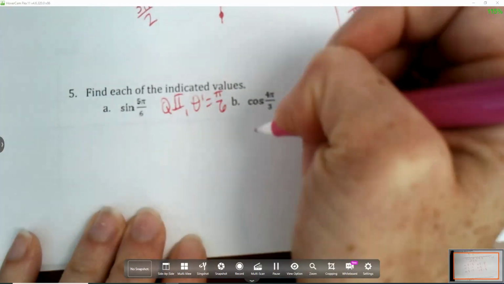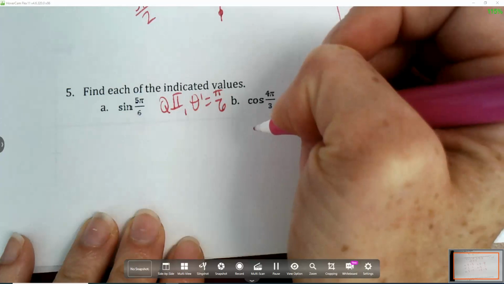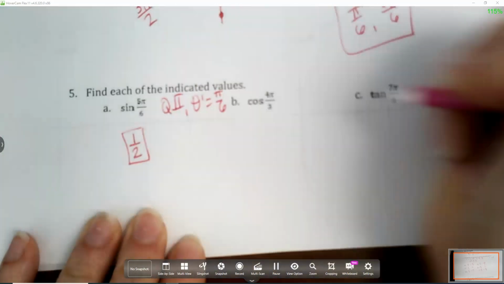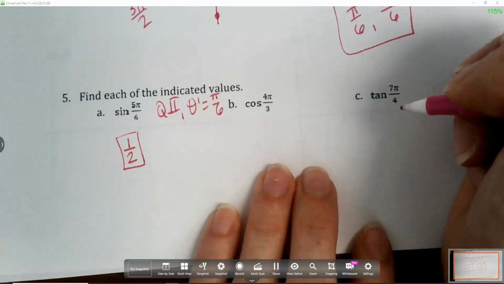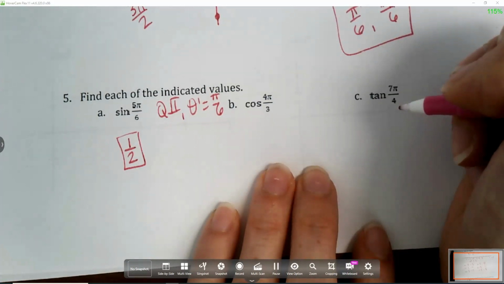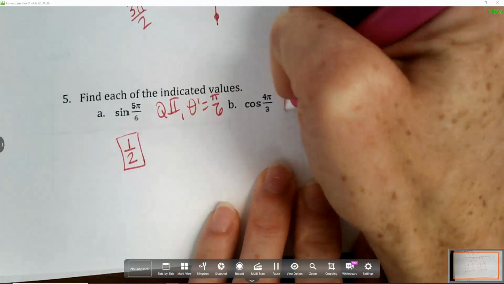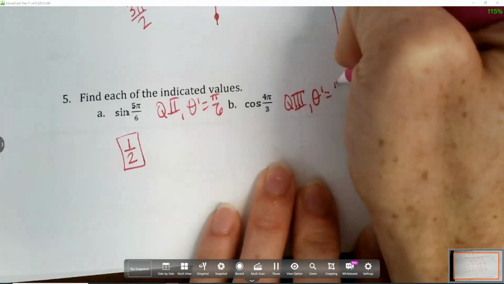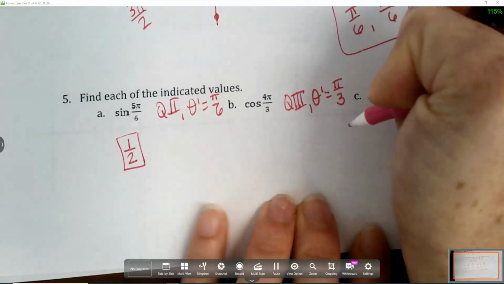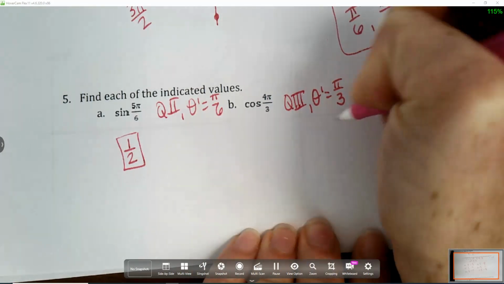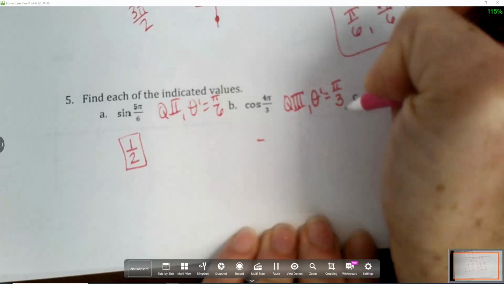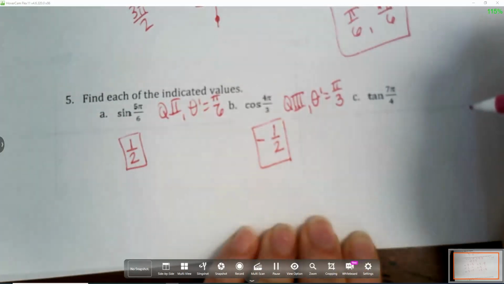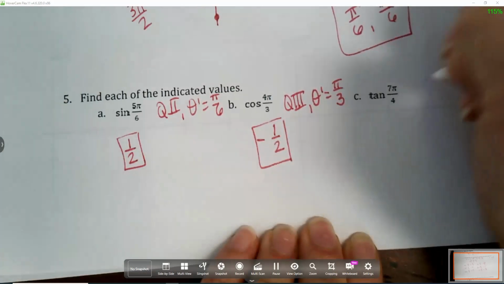Positive, and sine of pi over 6. Right. B. 4 pi over 3 is quadrant. Reference angle. Okay, and in quadrant 3 is cosine positive or negative? And the cosine of pi over 3.